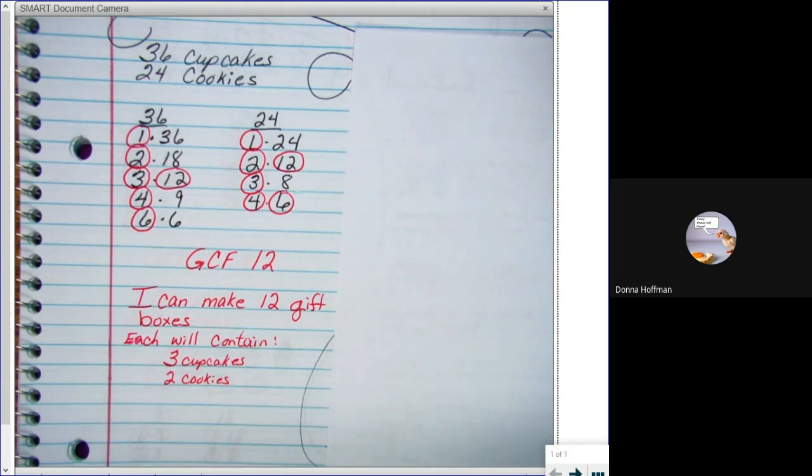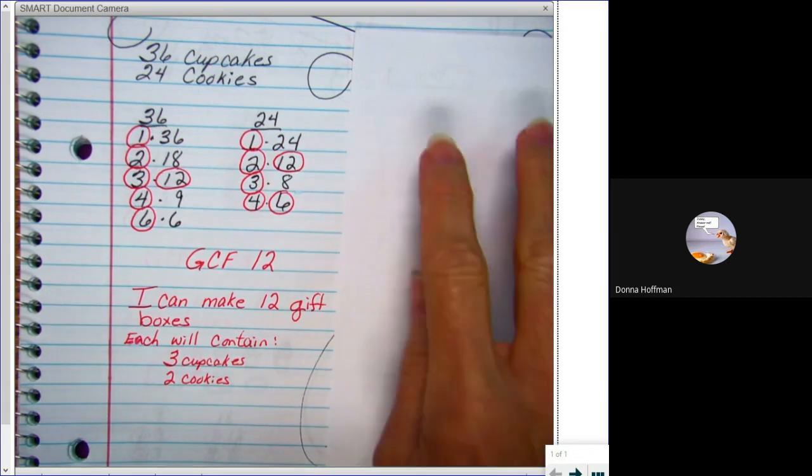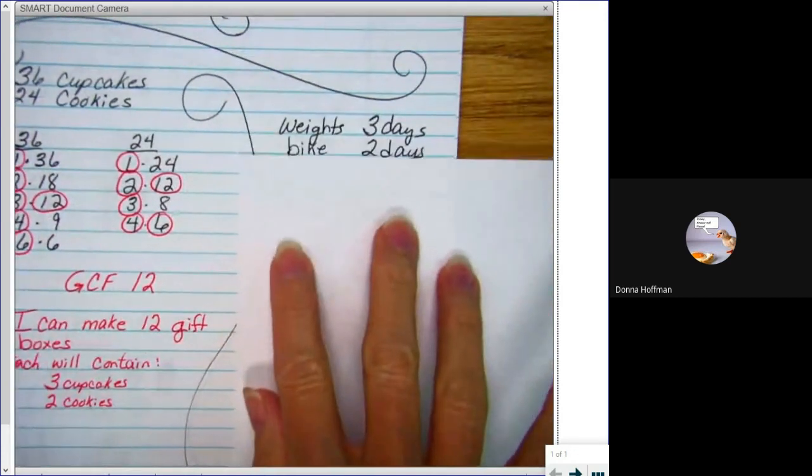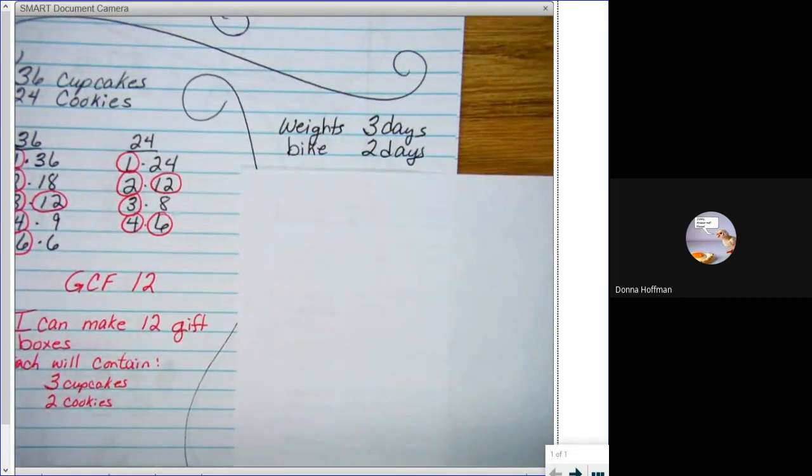We also created a scenario for LCM, which is least common multiple, and we decided that Khalil was going to work out, and he lifted weights every 3rd day, and he rode the bicycle every 2nd day.